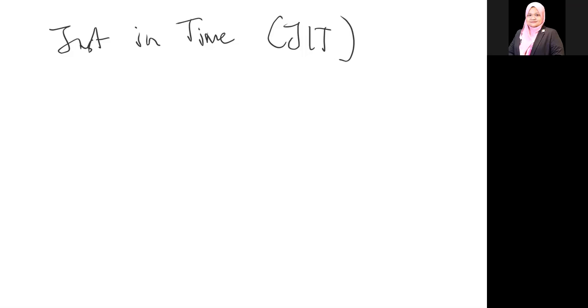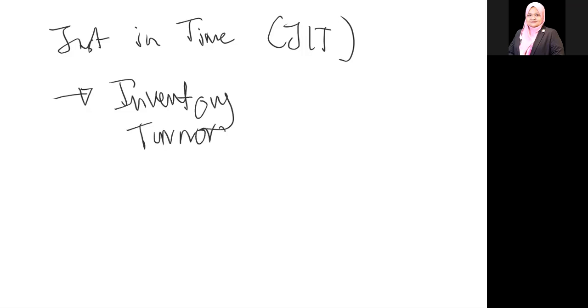At the moment you need it, that's why the most important thing you have to know is the inventory turnover: how long it takes for the inventory to be sold out.